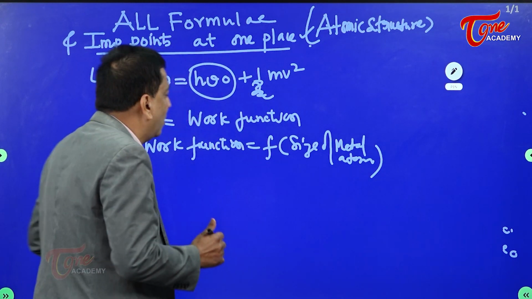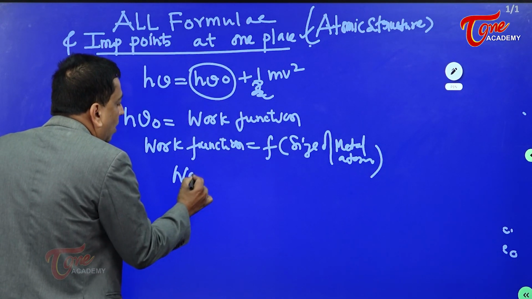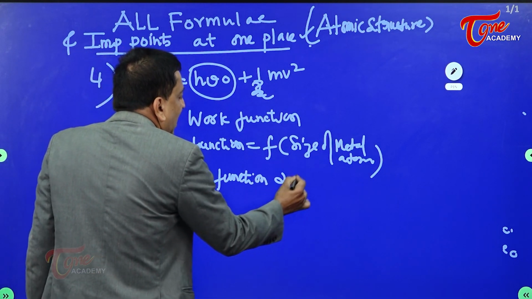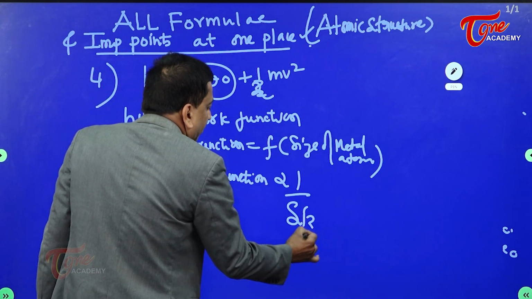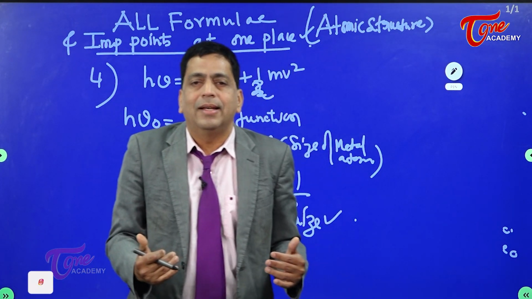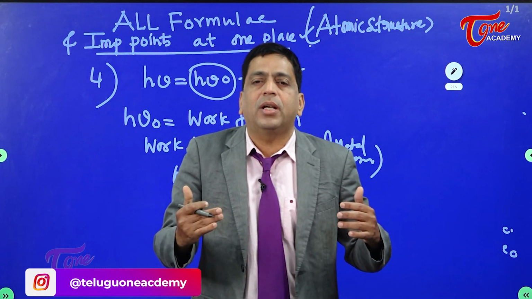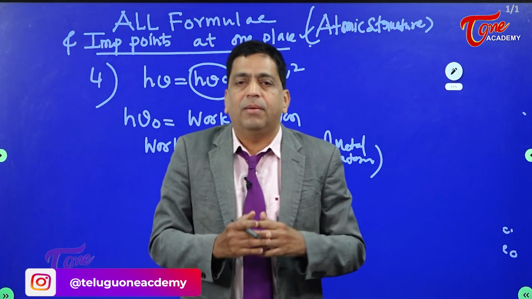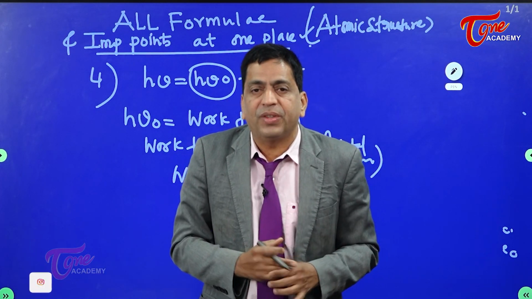If you want the exact relation, work function is inversely related to size. So the smaller the size, the energy required to remove the electron from the clutch of the nucleus would be extremely difficult for you, right?